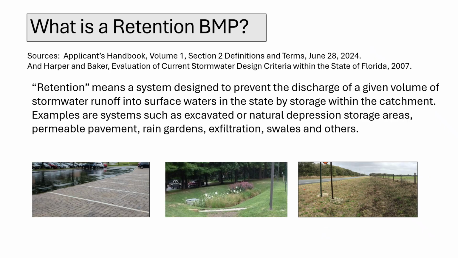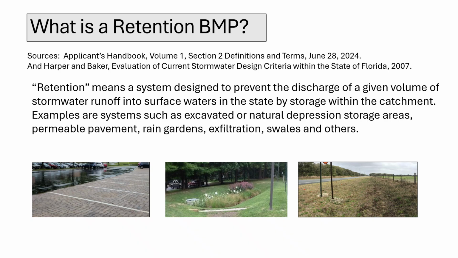The Retention Best Management Practice, or BMP, is fundamentally a system designed to prevent the discharge of a specific volume of stormwater runoff directly into surface waters. Instead, it stores this water within the immediate catchment area. The goal is to hold the runoff rather than release it. These systems can take many forms.